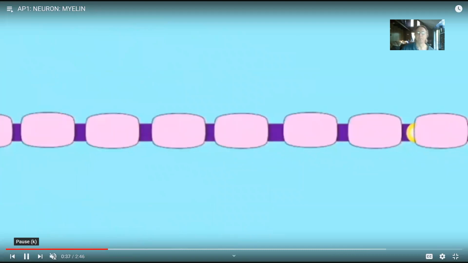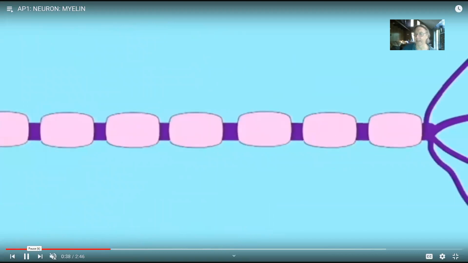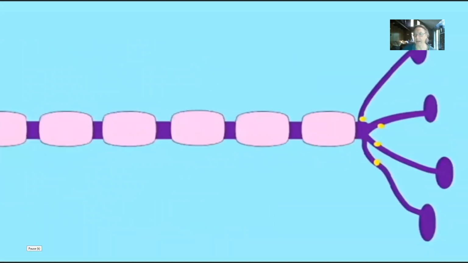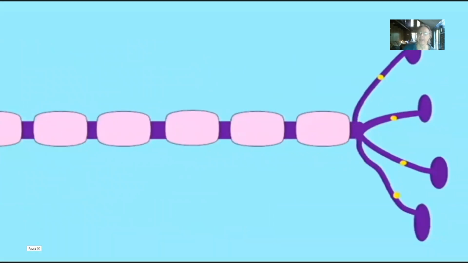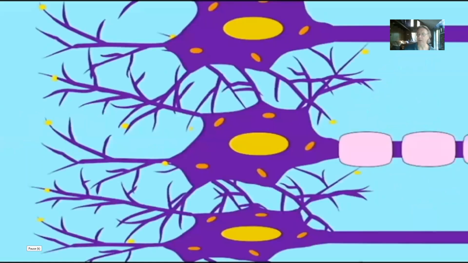So if we were to compare 3 axons, one thin and unmyelinated, one thick and unmyelinated, and one thick and myelinated, they would then conduct an action potential at different speeds. The axon which was thin and unmyelinated, that would take the longest.